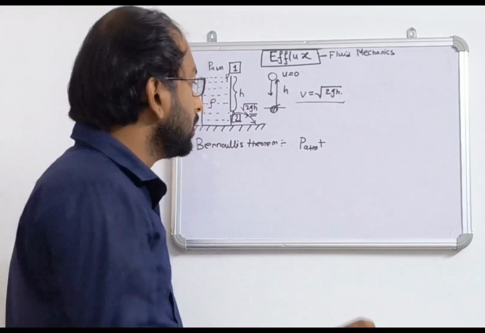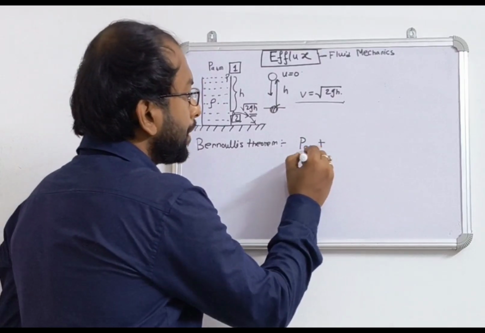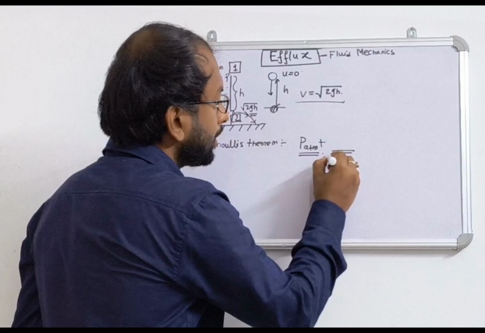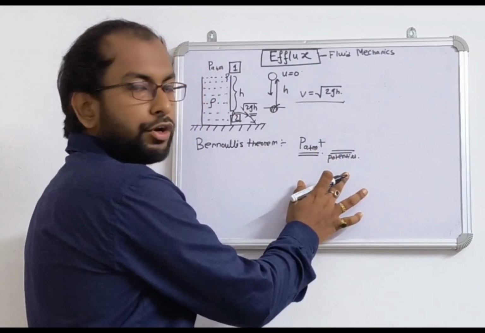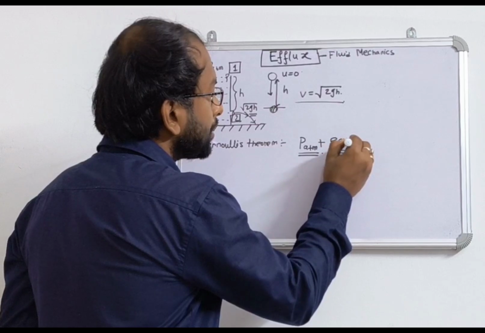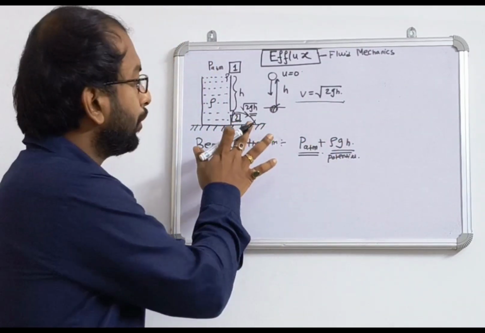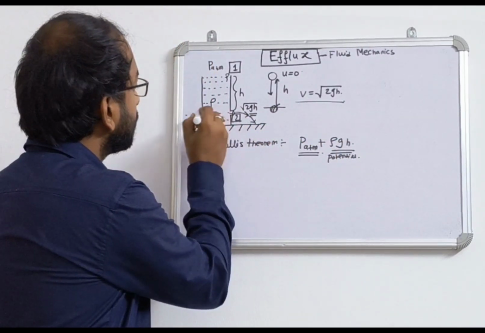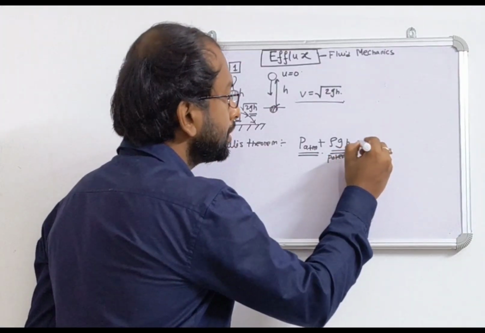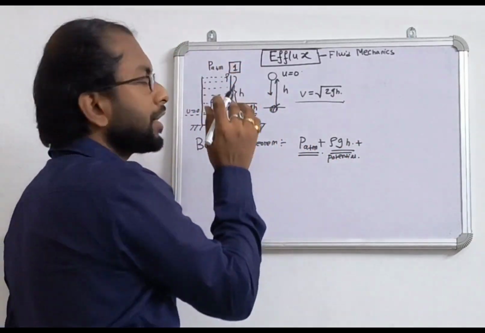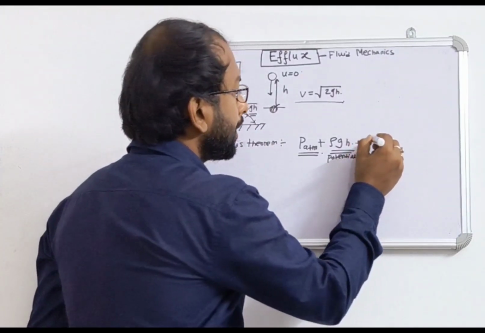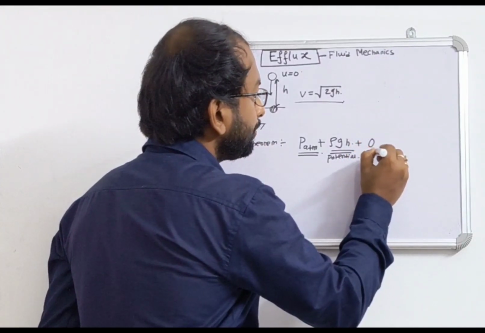The potential energy per unit volume is rho g h, because we are taking the reference level at point 2. So here we will consider that potential to be 0, plus the kinetic energy. But the surface level liquid is not moving with any velocity, so we will consider the kinetic energy to be 0.